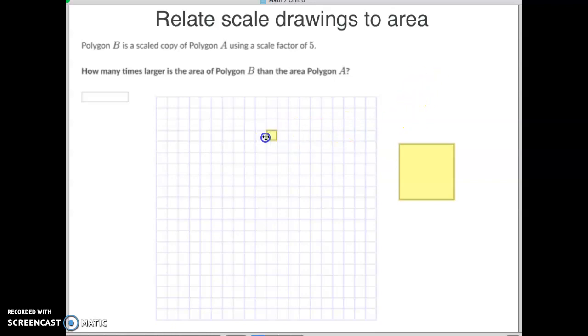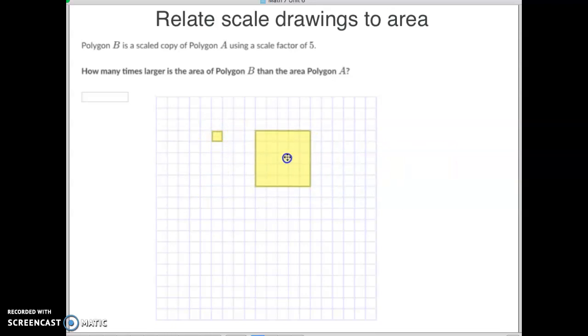Let's say I take a polygon, and I'm going to make this polygon a 1 by 1. So 1 unit long by 1 unit high. So notice that it's a 1 by 1 polygon. And if I'm going to do a scale factor of 5, that means I'm going to make it 5 times bigger going this direction and 5 times bigger going this direction. So here I've drawn one that is that.